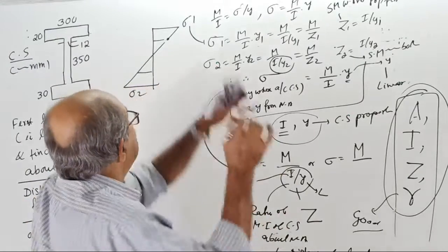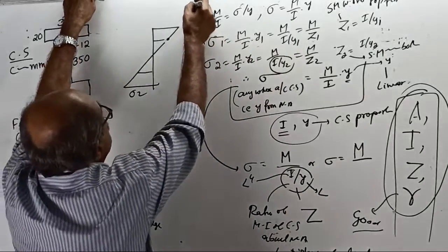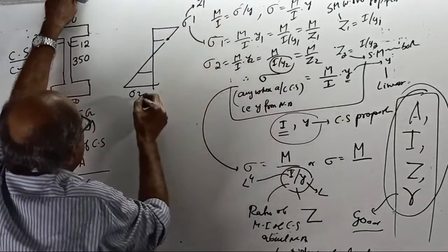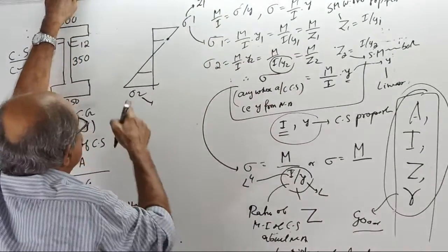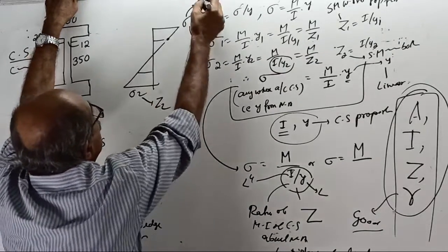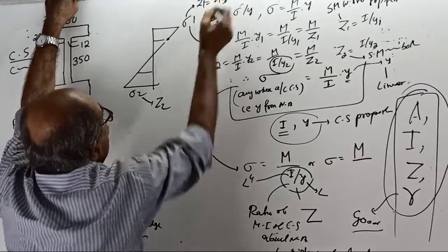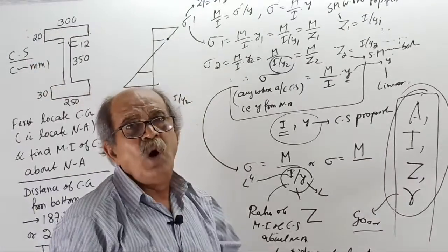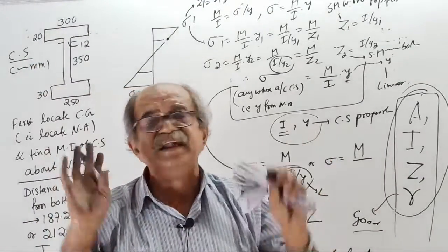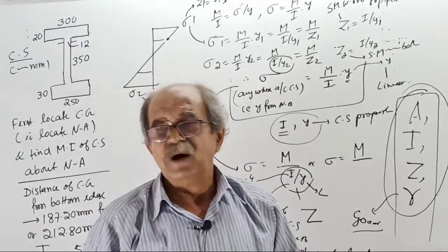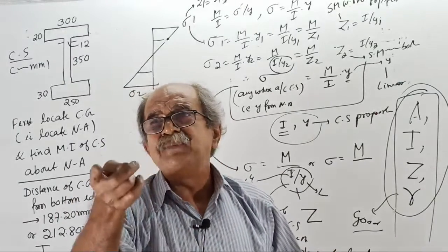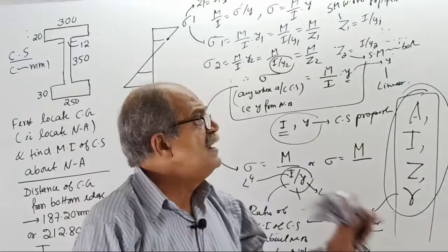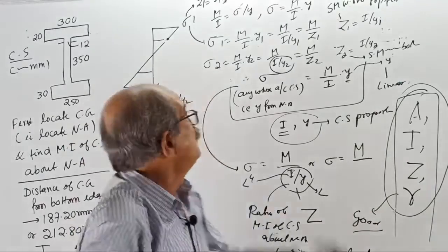Standard is section modulus with respect to sigma 1, that is Z1, and section modulus with respect to sigma 2, that is Z2. Z1 equals I by Y1, Z2 equals I by Y2. That is universally standard throughout the world. But that extreme fiber Z value, Z1, Z2, you cannot use for this stress.